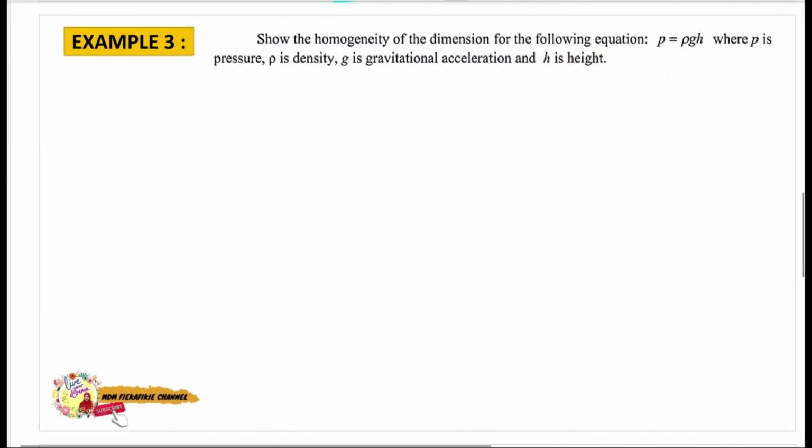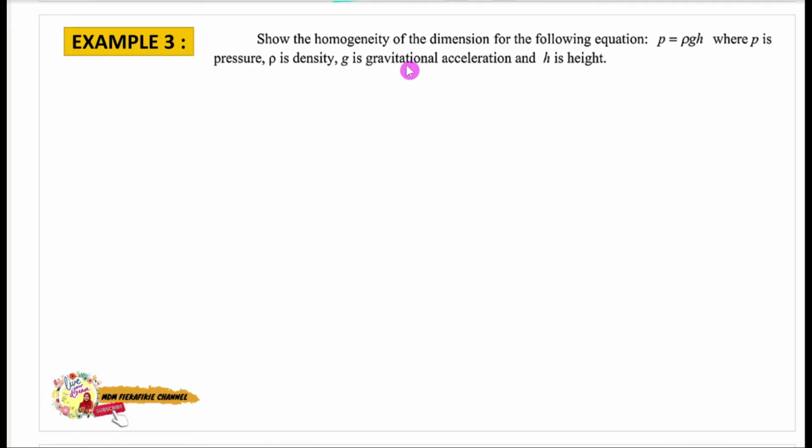Okay, example number 3. Let's read the question first. Show the homogeneity of the dimension for the following equation: pressure equal to density times G times H, where P is pressure, rho is density, G is gravitational acceleration, and H is height.